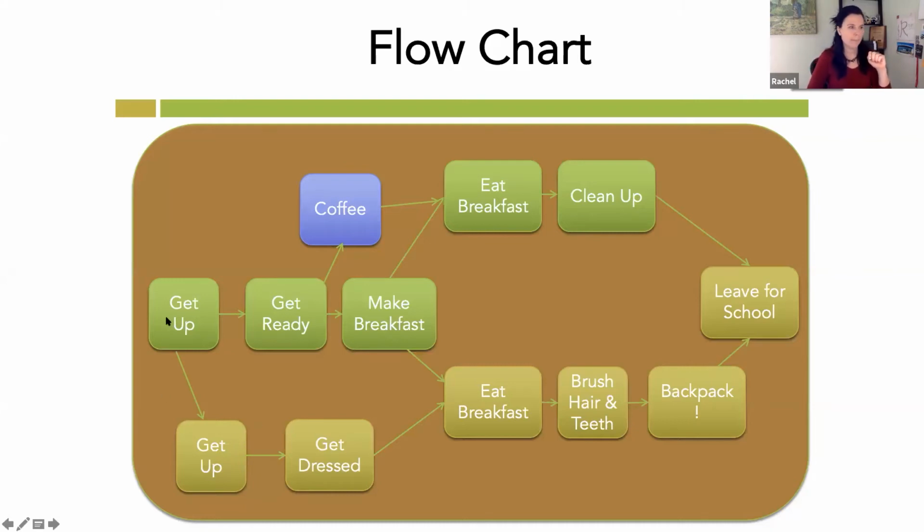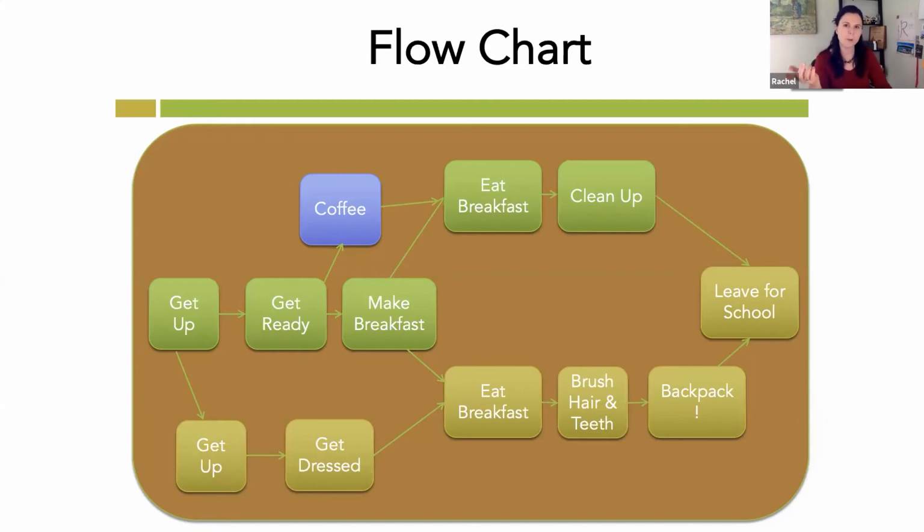I get up, I get her up at some point, I get ready, she gets dressed, coffee has to happen, I make breakfast, and then we both eat breakfast. I clean up, she goes upstairs, brushes her hair and teeth, finds her backpack and whatever other junk she needs, and winter gear and all that stuff, and then we head out the door for school.